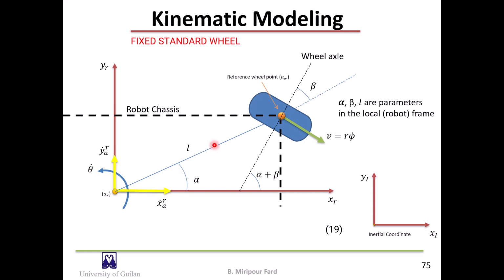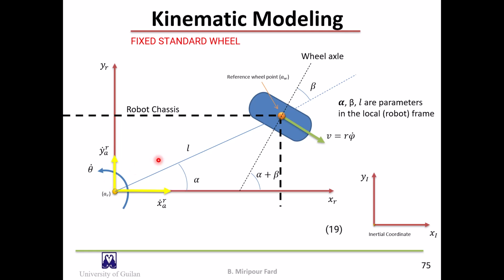Using the kinematic relationships of the rigid body, the velocity of AW can be written in terms of the velocity of AR and the angular velocity, theta dot.